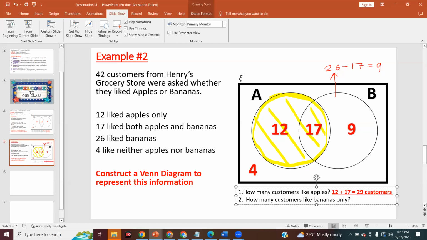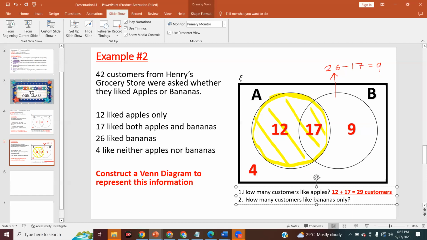Do not respond out loud. How many customers like bananas only?